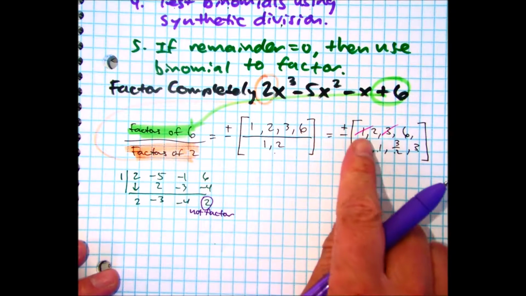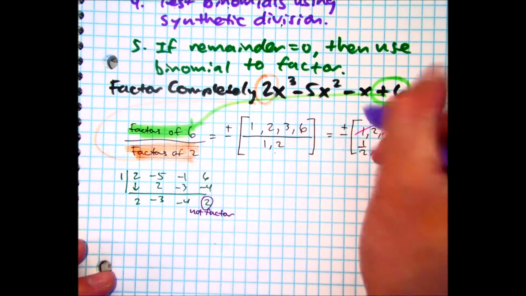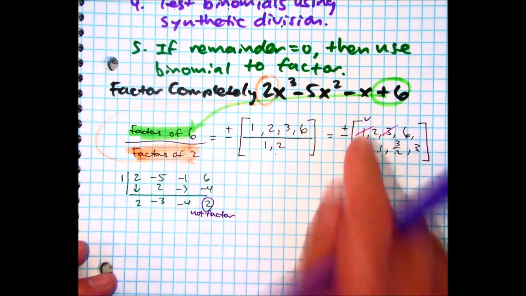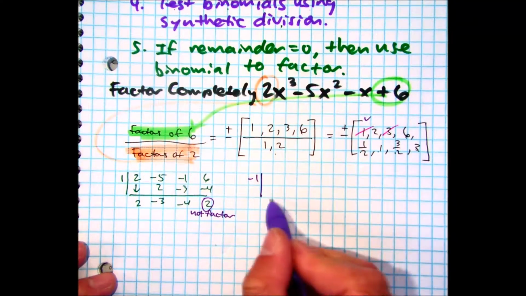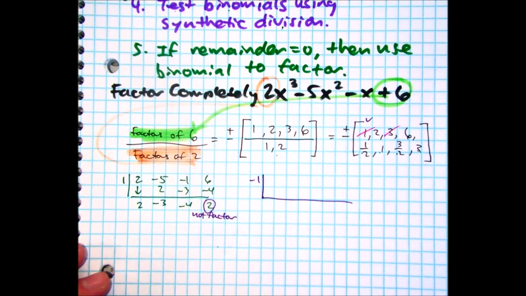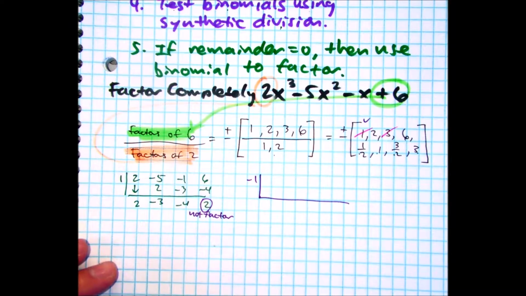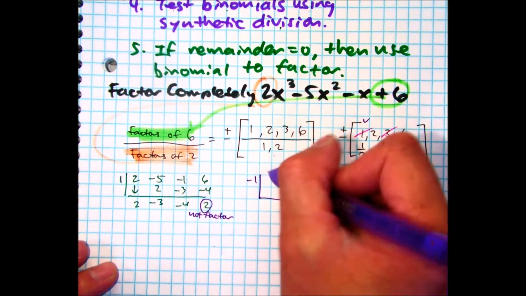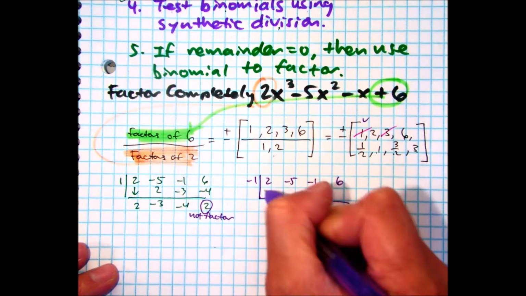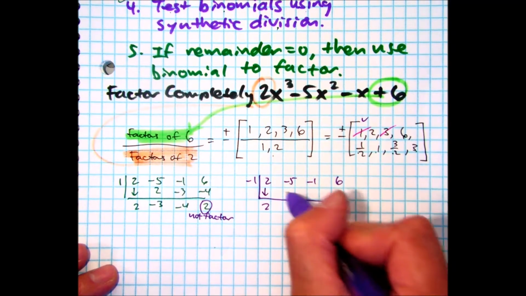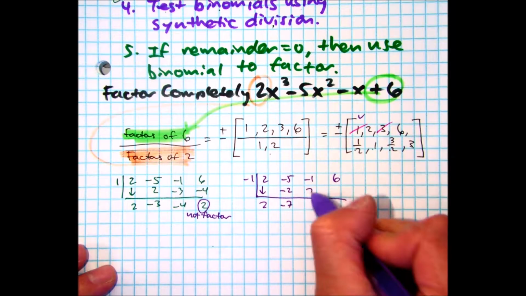Okay, I've just tested 1, but pay attention. I've tested positive 1. Let's test negative 1. We've tested 1. We got 11 more to go. The joys of math. Bring that down. 2, multiply, add, multiply.